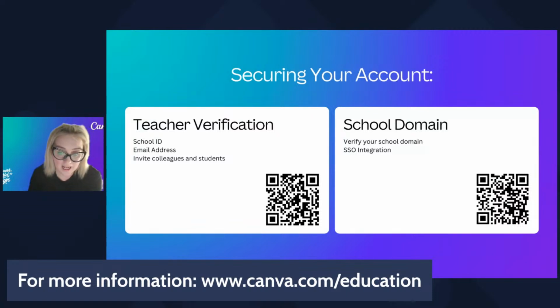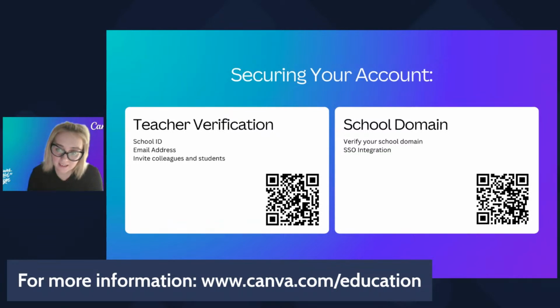The second way is to actually verify your school. So you would follow this domain here, this QR code here, and you can activate in one go accounts for all of your staff members, all of your students via SSO integration. So you would need to be using a tool like Google Classroom, Microsoft Teams, or something like Clever.